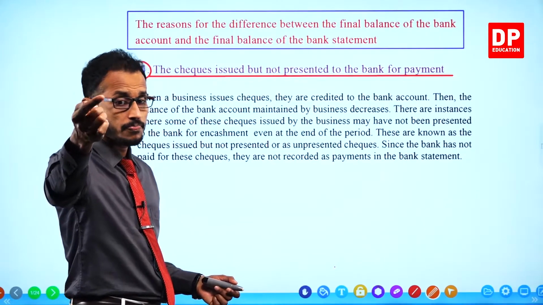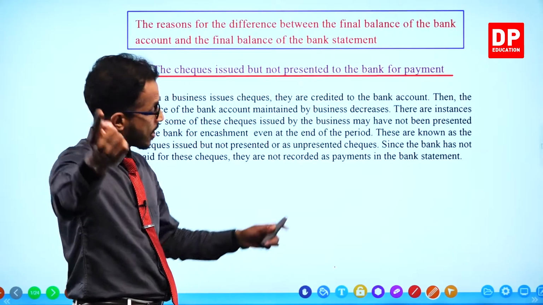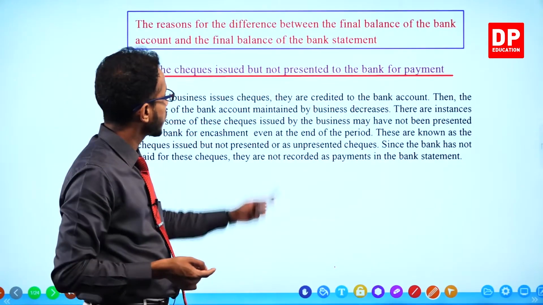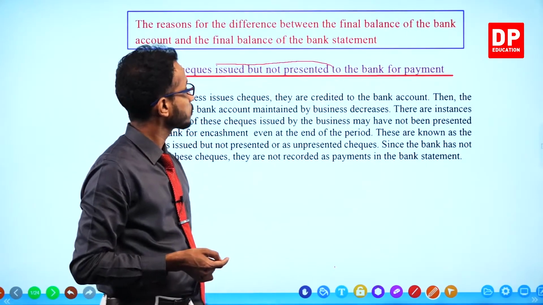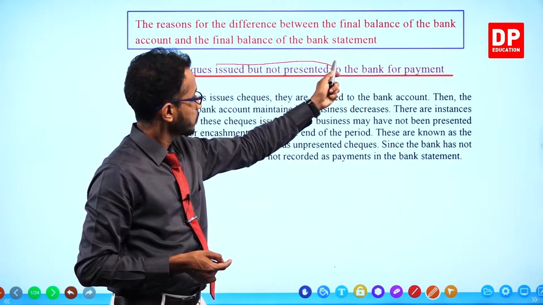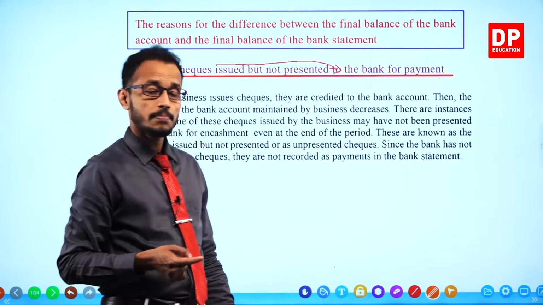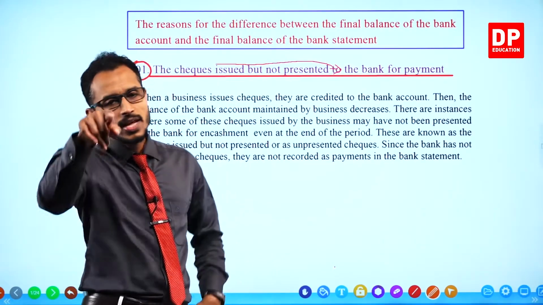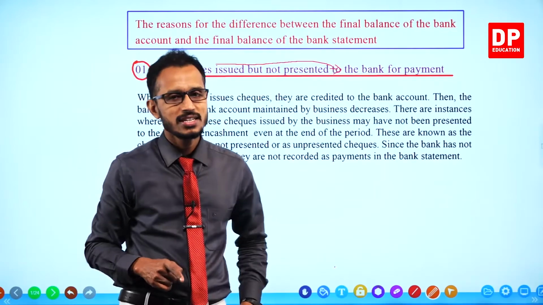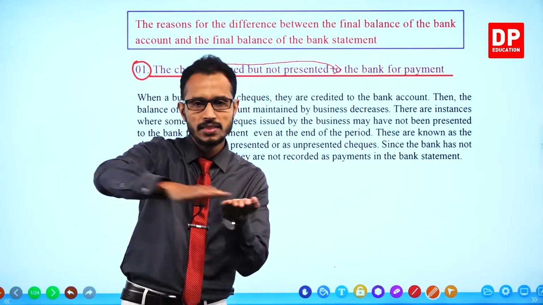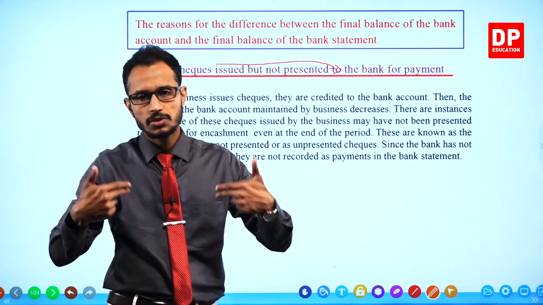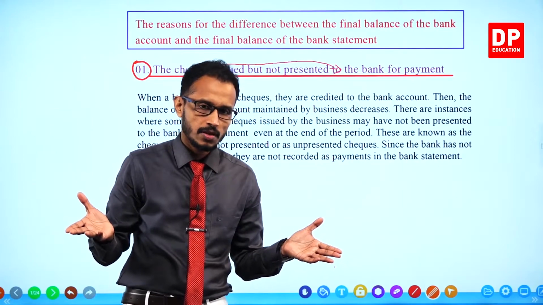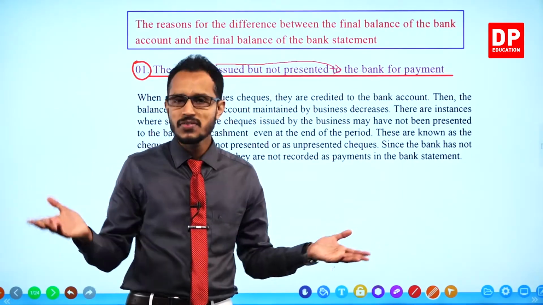Listen carefully. Children, when we say checks issued but not presented to the bank, what it means is, well, you know that every check issued during the month should be recorded in our bank account, regardless of the reason.